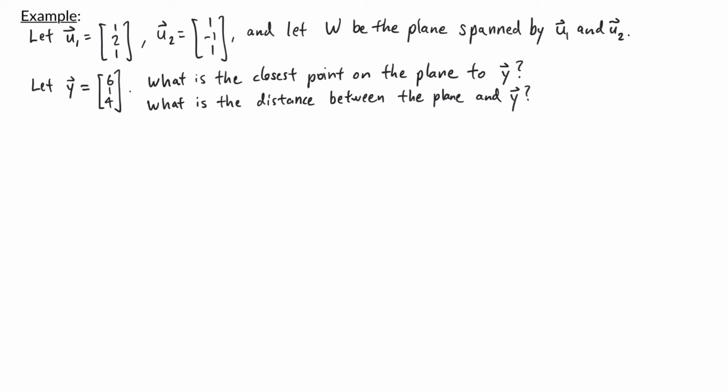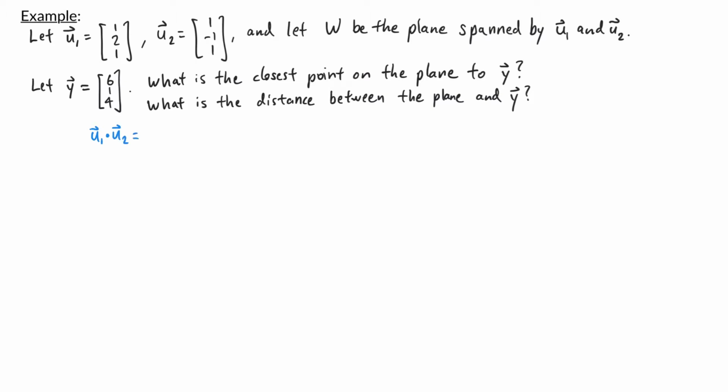According to the best approximation theorem, if I want to find the point on the plane closest to y, I need to take the projection of y onto W. And if I want to take the projection, I need to make sure that u1 and u2 form an orthogonal basis for W. So we need to check whether u1 and u2 are orthogonal. Let's take the dot product of u1 and u2.